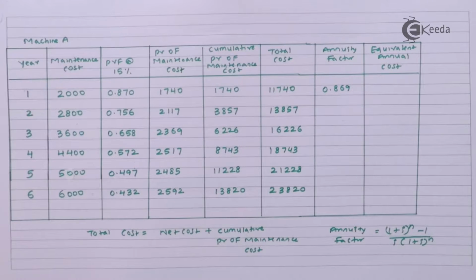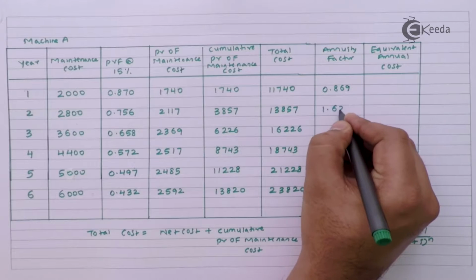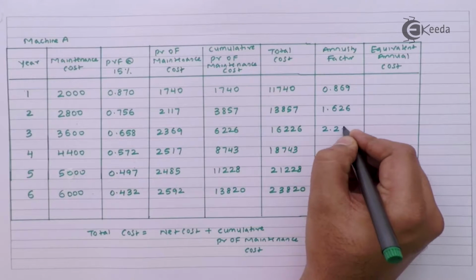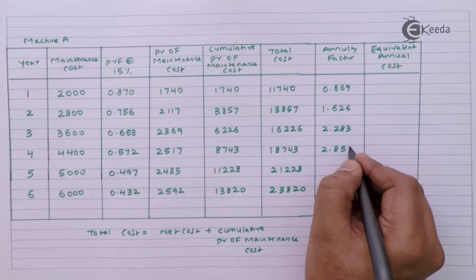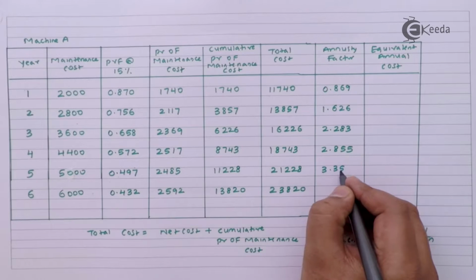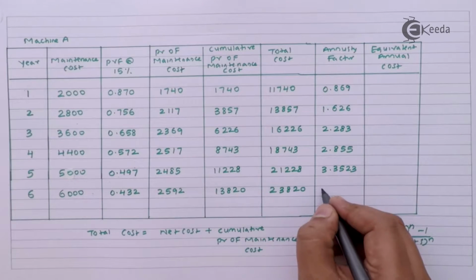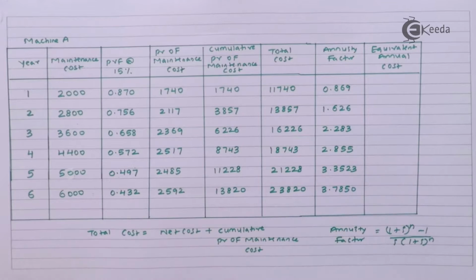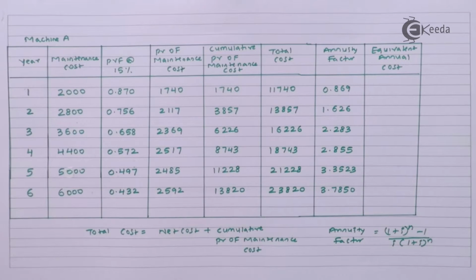In the second year it will be 1.626. For the third year it will be 2.283, 2.8546, 3.3523, and last will be 3.7850. Now I'll calculate the equivalent cost.